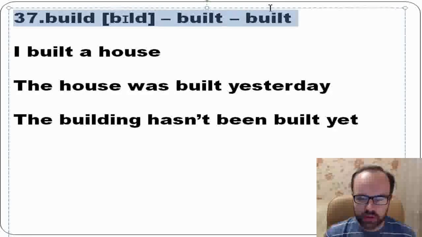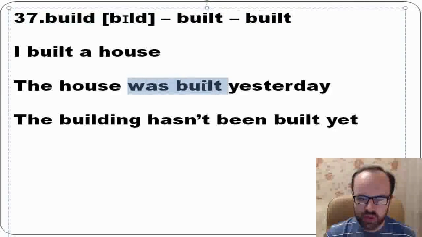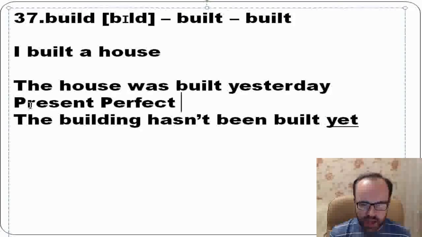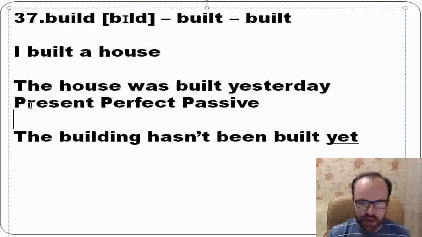Build, built, built. I built a house. The house was built yesterday. It's passive voice: was plus past participle, was plus built. The building hasn't been built yet. So it's present perfect passive. We have present perfect because of yet, and present perfect passive because it was done by someone.